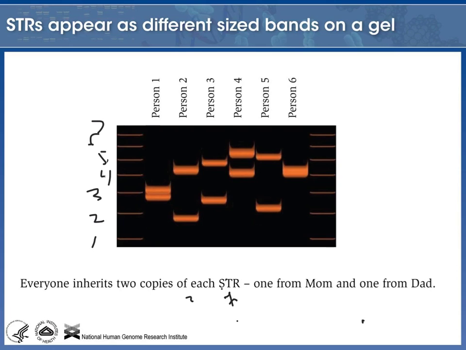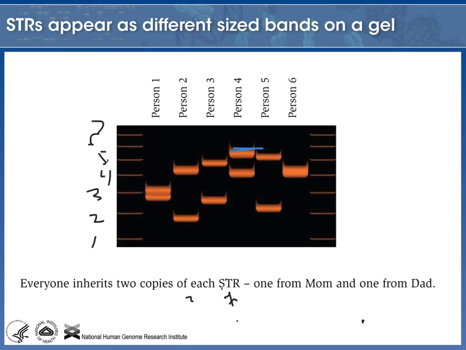Let's say that's got 6 bands. That's going to be heavier than a repeat that's only, let's say, 2 repeats long. Okay? So it turns out the heavier they are, the slower they move.